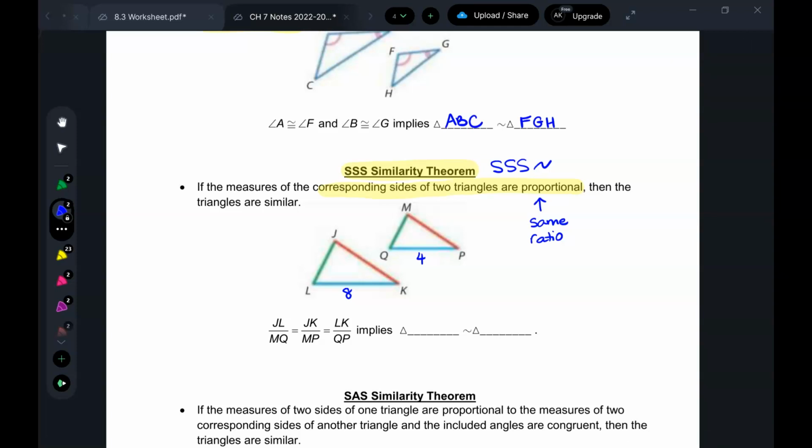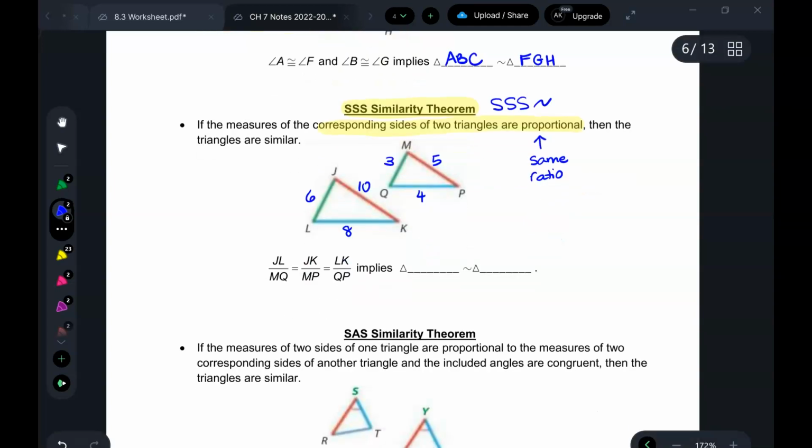If I told you that this one was 10, what would this one have to be to be similar? And if this one was 6, what would this one have to be? 3. In order to make sure those are all similar, they all have to have the same ratio.